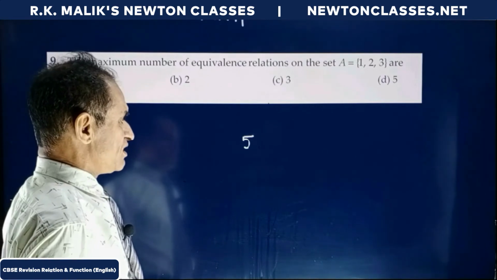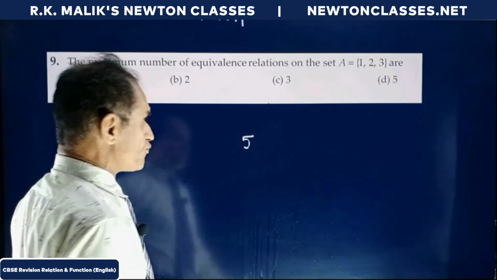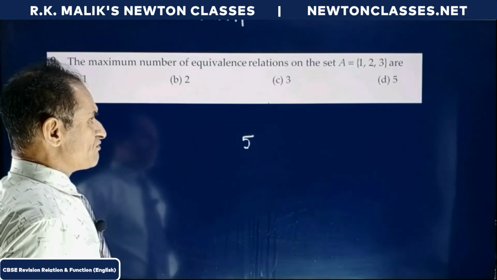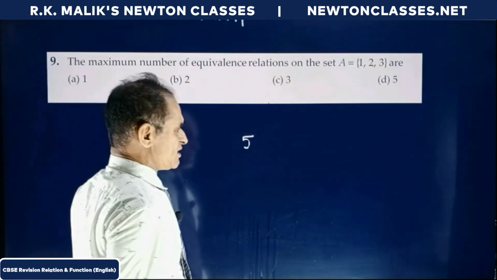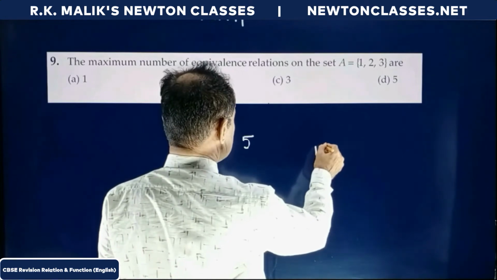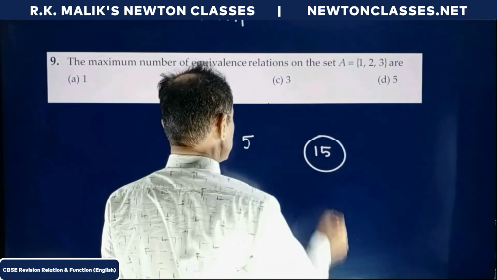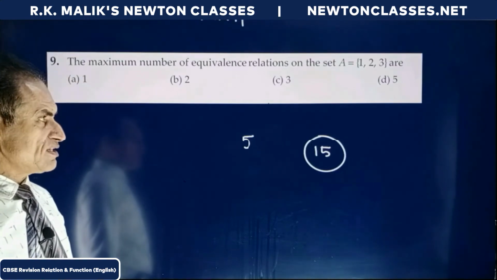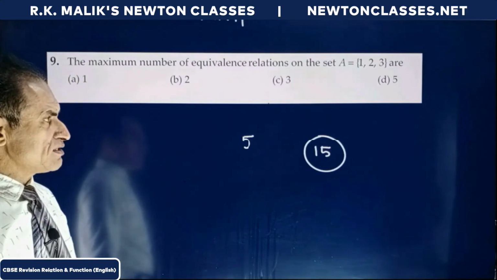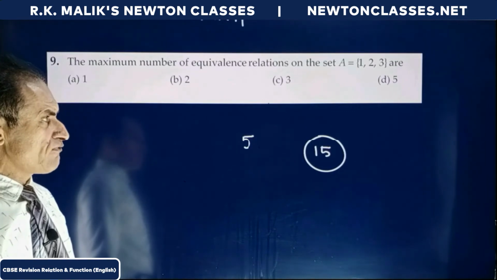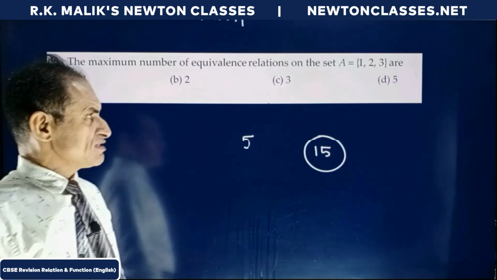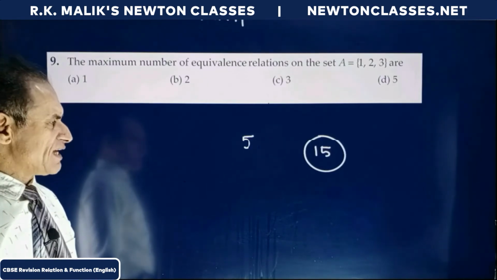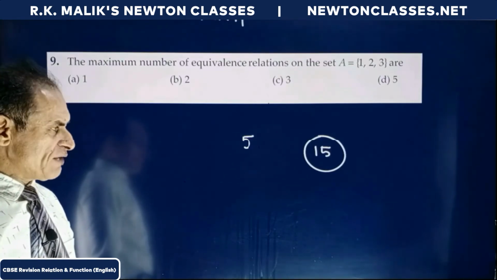But you will say, what if there are 4 elements in the set A? I will say if there are 4 elements in the set A, the number of equivalence relations will be 15, which is too lengthy if you try to find all possible equivalence relations in the case of 4 elements. Hence that question cannot come at board level.